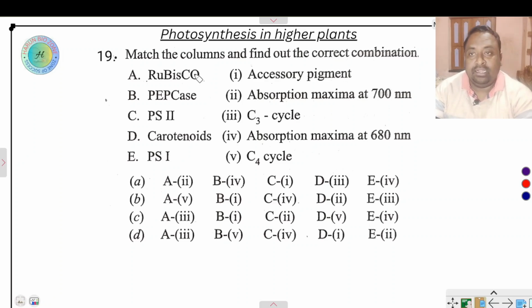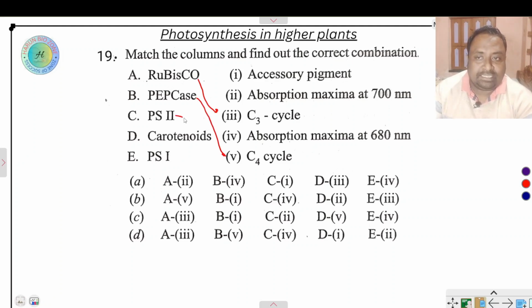In C3 plants or C4 plants, carboxylation occurs by Rubisco. Rubisco is the C3 cycle, and PEP carboxylase, phosphoenol pyruvate carboxylase, is a special enzyme that inhibits the oxygenase activity of Rubisco. This is found in C4 plants.